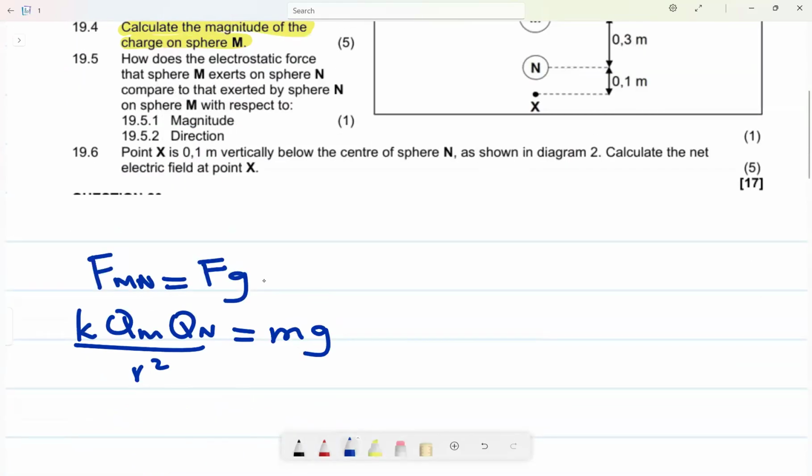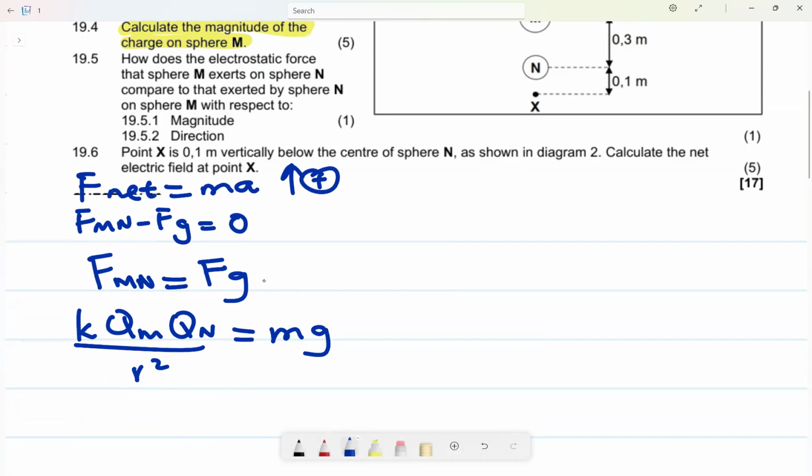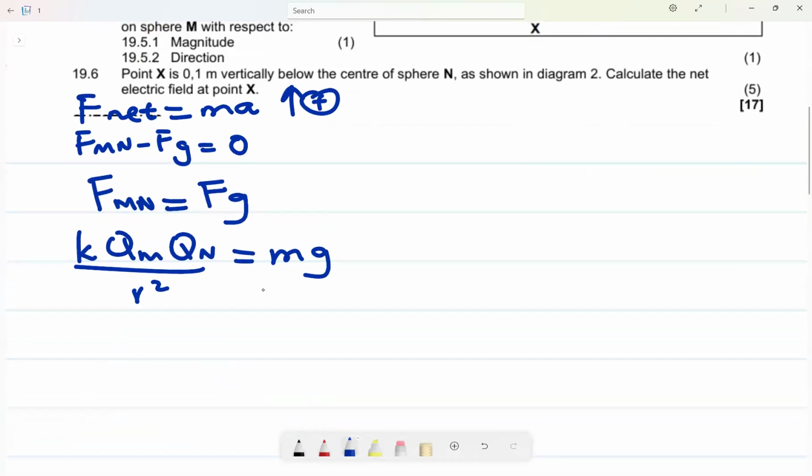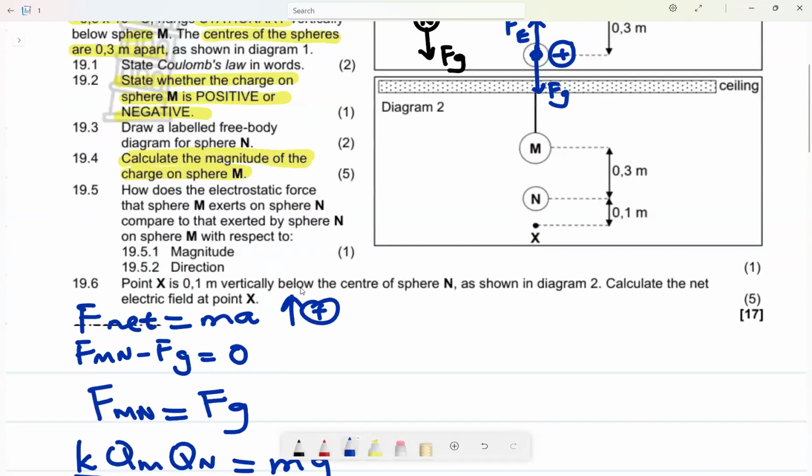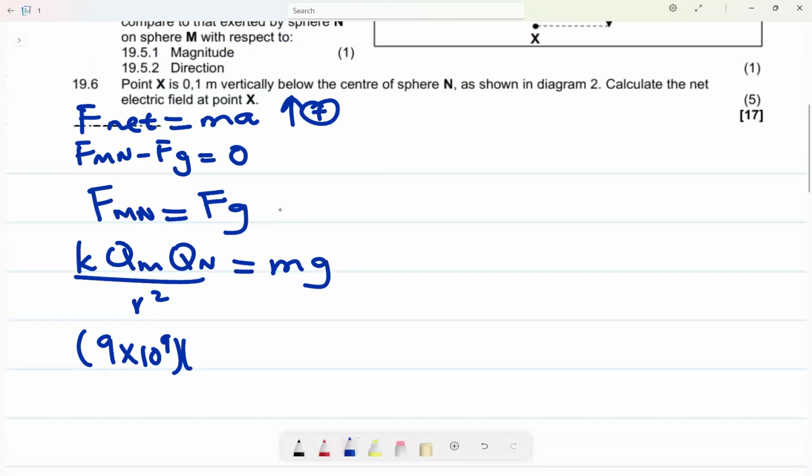You can say F net is equal to ma. Then FMN minus Fg is equal to 0, because N is stationary, when I choose upwards as positive. Then you take Fg to the other side so that you do not say I'm doing magic. Therefore, I can substitute: 9 times 10 to the power of 9. What is the charge of M? I don't know, that is what I'm looking for.